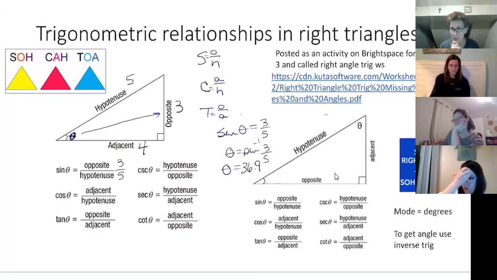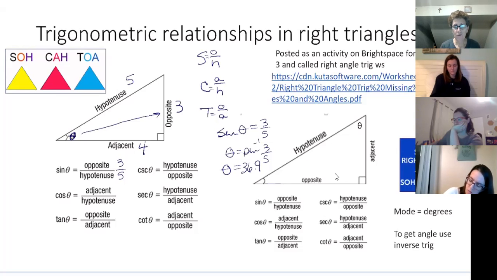So I used inverse trig. When you look for angles, you use inverse trig. When you look for sides, you use straight up trig. And I have a practice sheet for this too, but I just wanted to go over it generally.